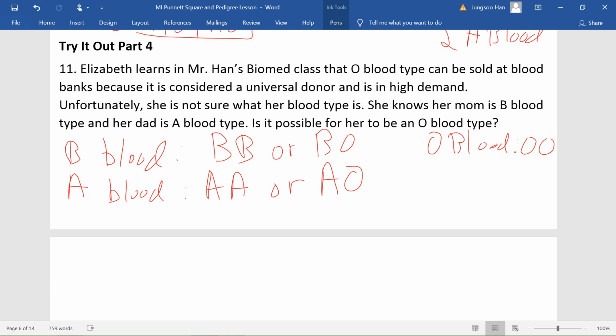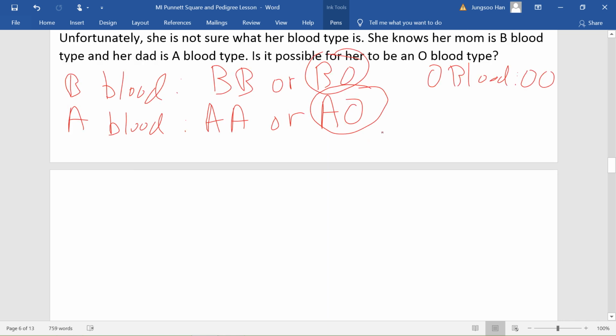And if her dad is AO, then it's possible that her dad could give her the O allele. So we are going to go with these two genotypes for her parents, because that gives her the best chance. Let's assume that her dad has alleles AO and her mom has alleles BO.